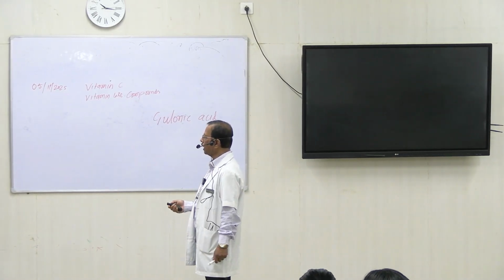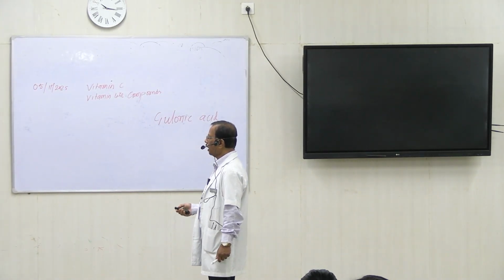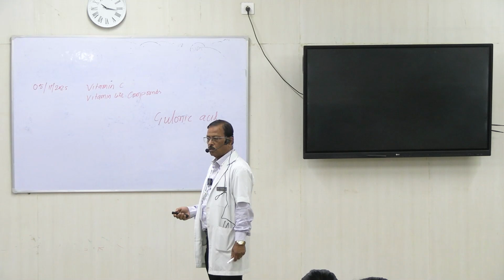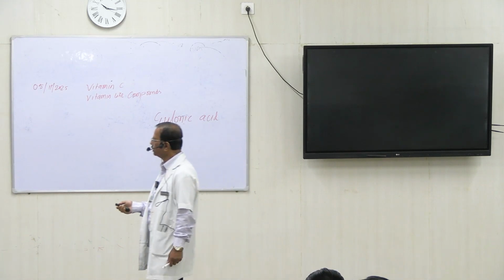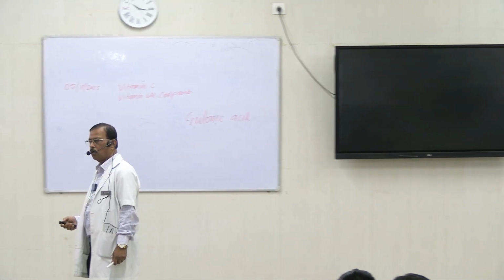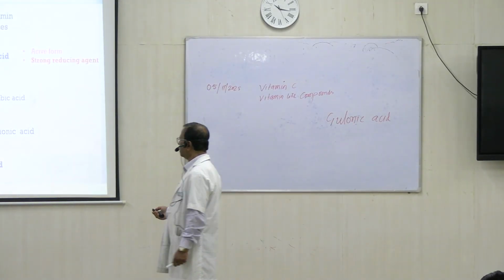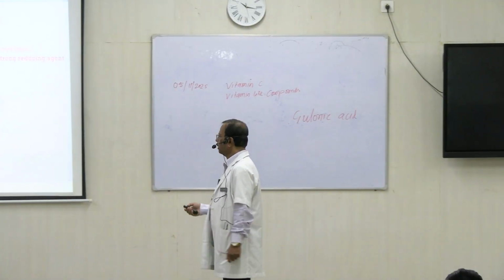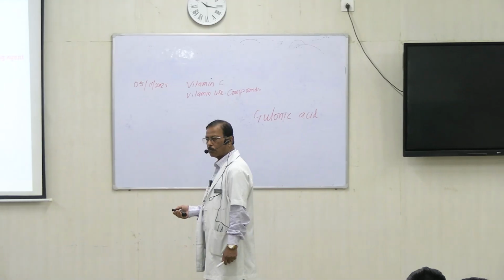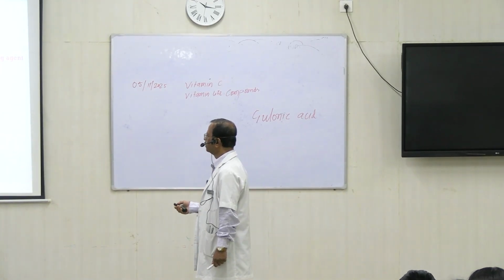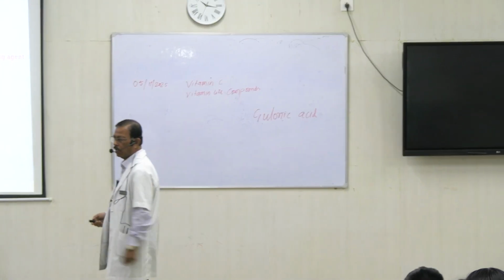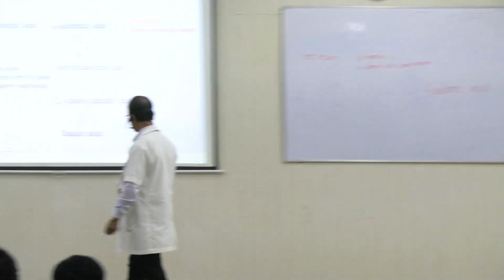Biologically active forms are L-ascorbic acid and dehydroascorbic acid. When it acts as an antioxidant, it gets oxidized to dehydroascorbic acid. Again, it is interconvertible and is converted back into ascorbic acid to take part in the reaction afresh.